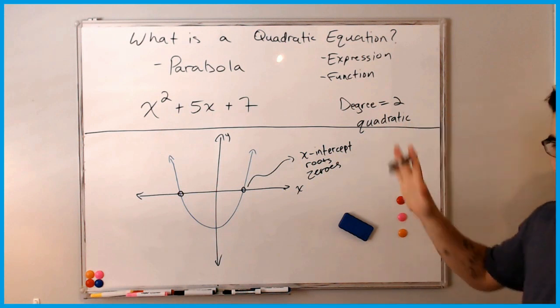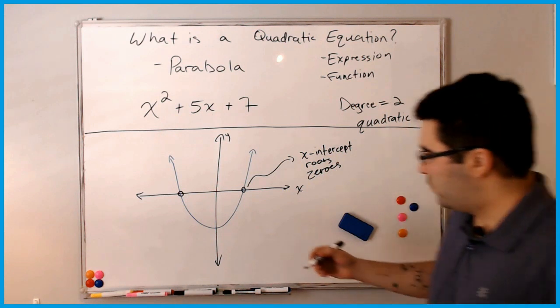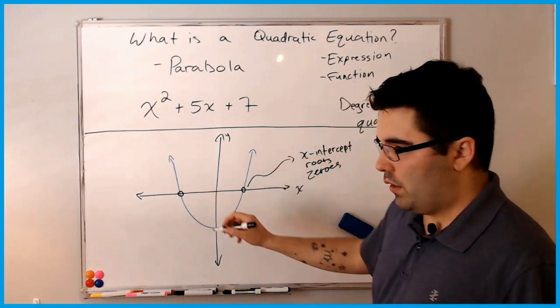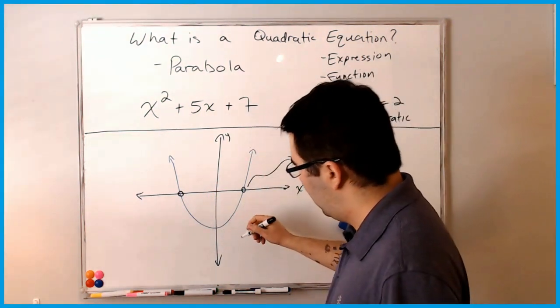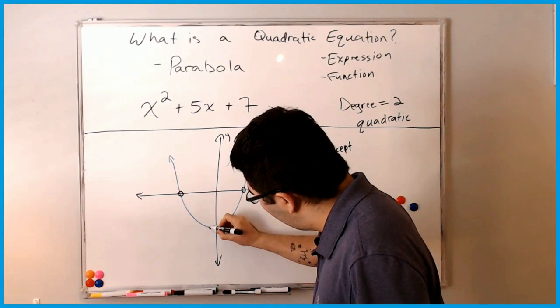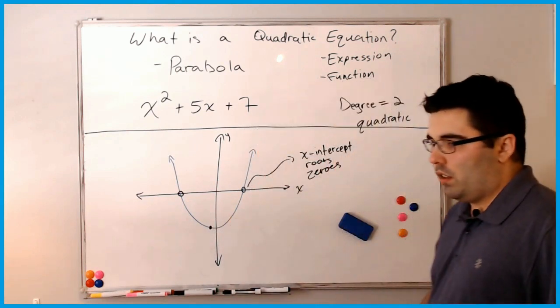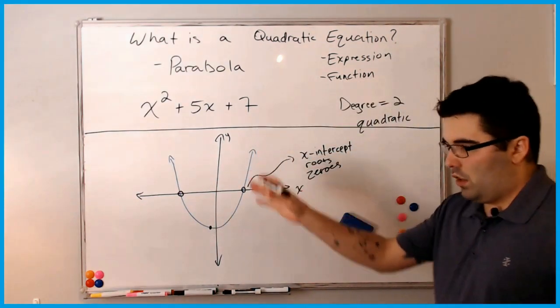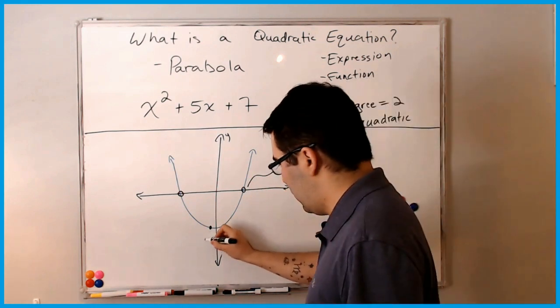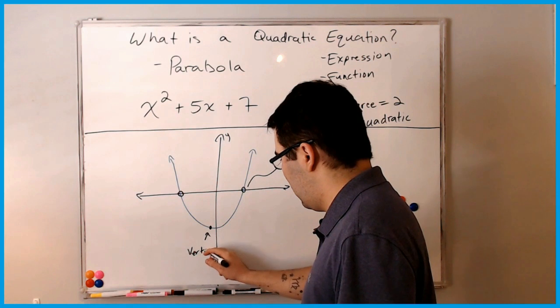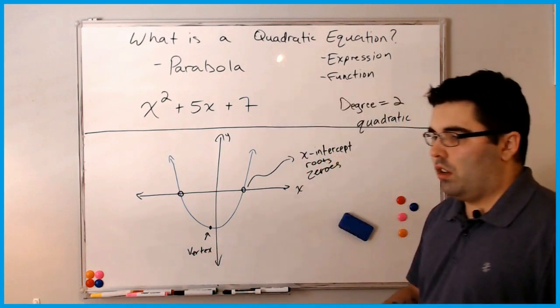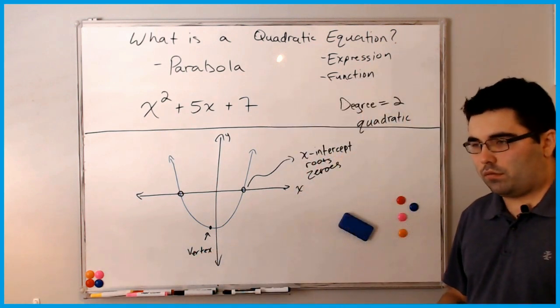But that's not all the information that's here. You have a vertex as well. And the vertex will be the lowest point of the parabola, which is going to be somewhere kind of like right in here, actually. Not quite in the center. I didn't quite center it, but your vertex is always going to be either your lowest or your highest point.